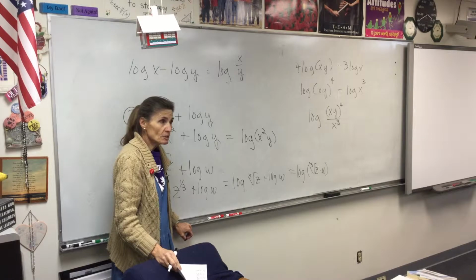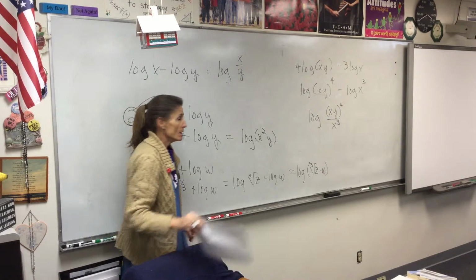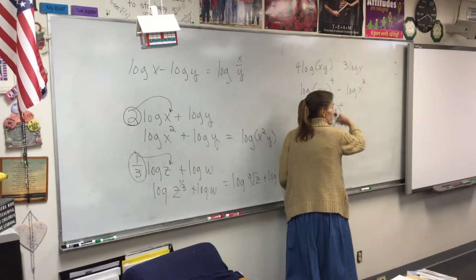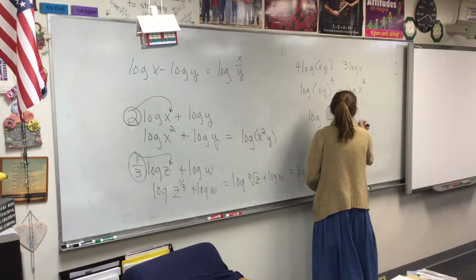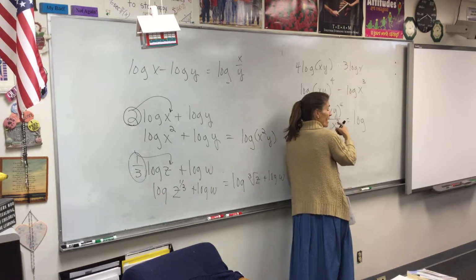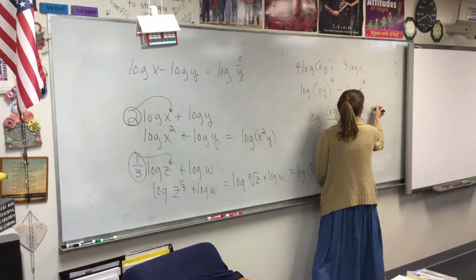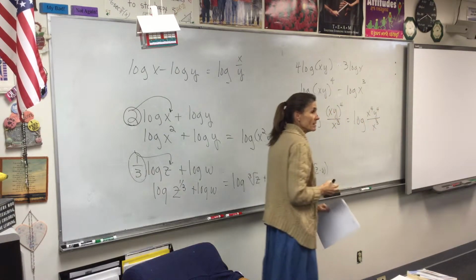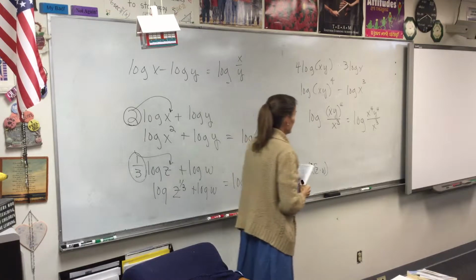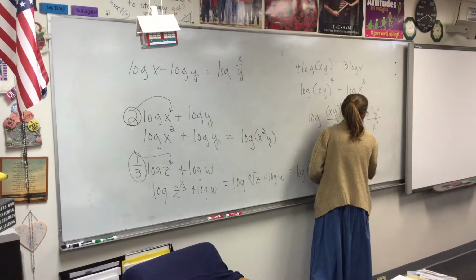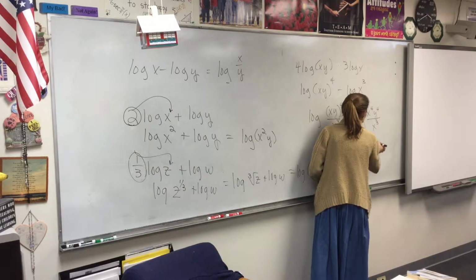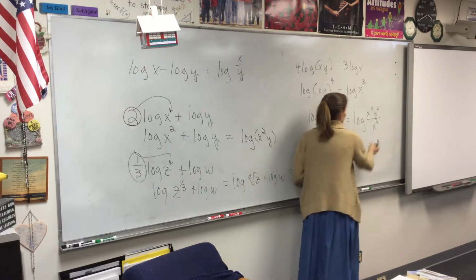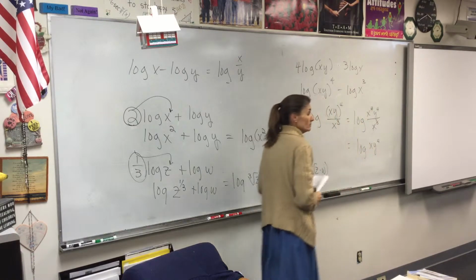Now, do you think I'm going to let you leave it that way? What do you notice about this? That's going to simplify because this is x^4 y^4 over x^3. What's going to happen? We're going to just have xy to the 4th because those are going to cancel.